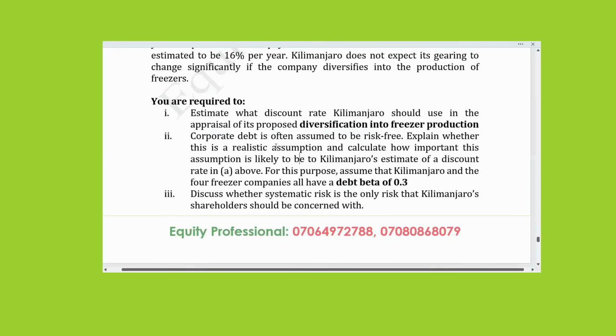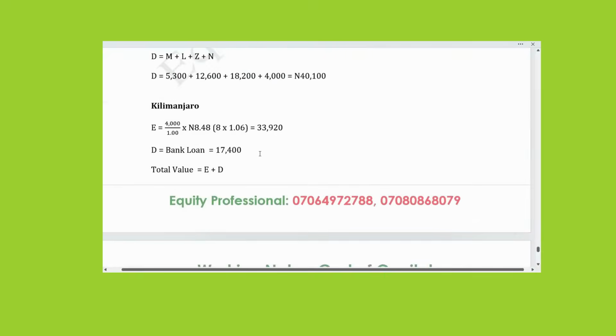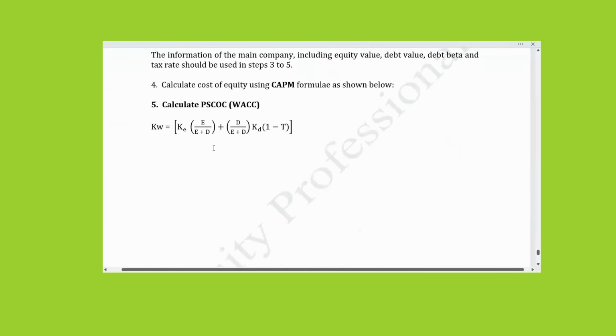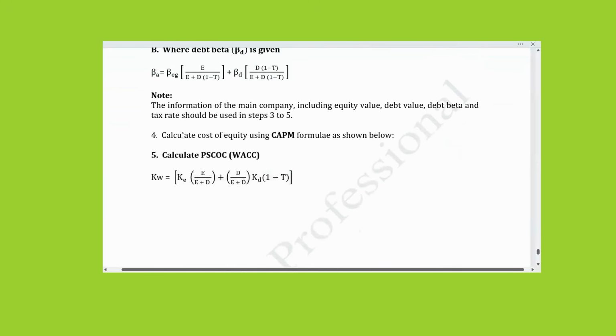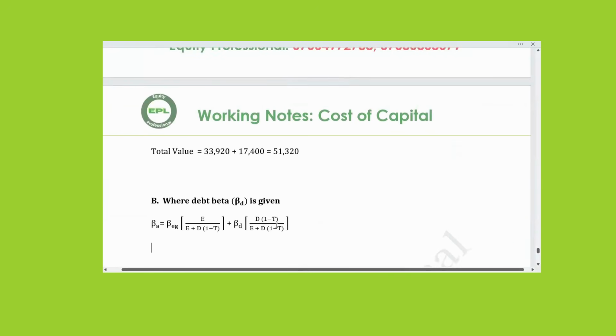Let's quickly explain that. Yes, Ruth, what's your question? In a situation whereby we have 4 product companies, let's say 2 or 3 of the companies have debt beta and 1 or 2 don't have. That's not possible.